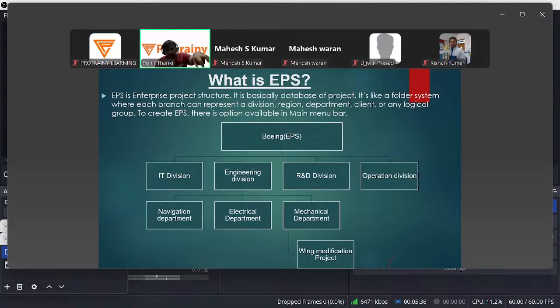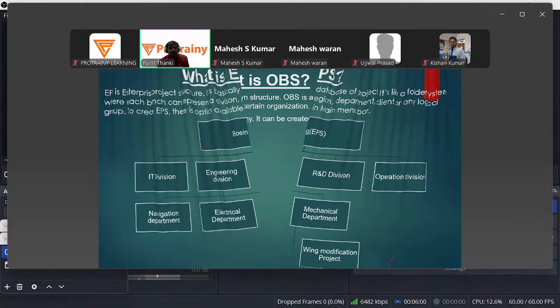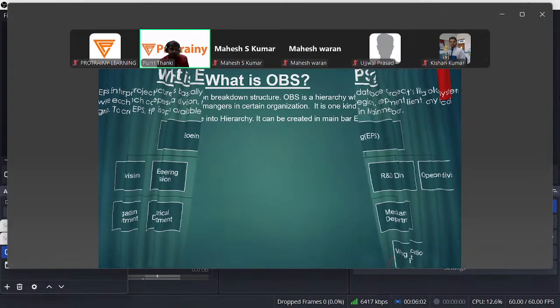Around the sun, every planet is rotating. Under every planet, there are satellites, natural or artificial, all going around. So EPS is the main, under which are the IT division and every division and department, and then the projects. For example, a wing modification project is going on, so it is under the mechanical department. I think EPS is clear to all, right?